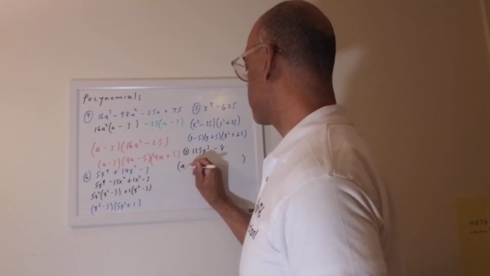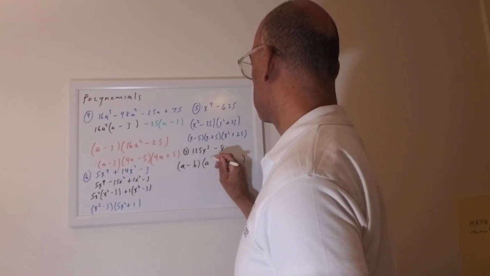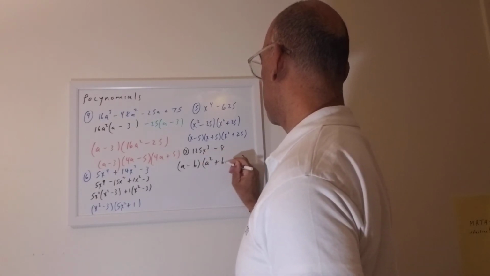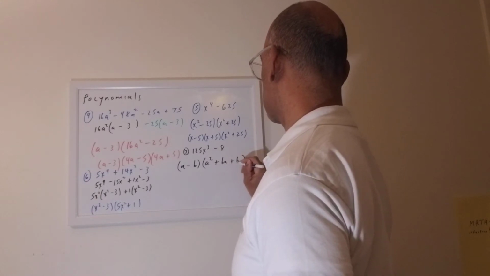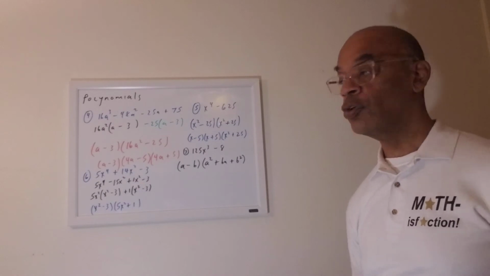Using the format a minus b, a squared plus ba plus b squared as your basic format for a difference of cubes.